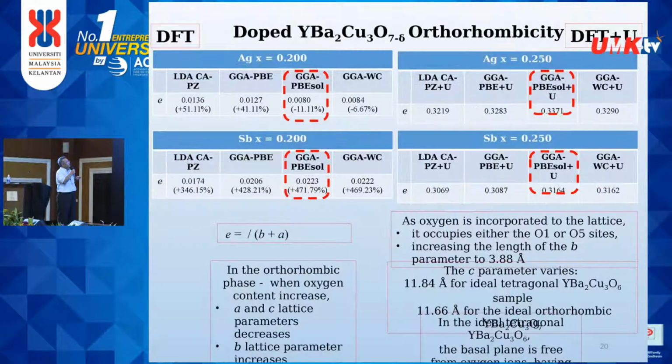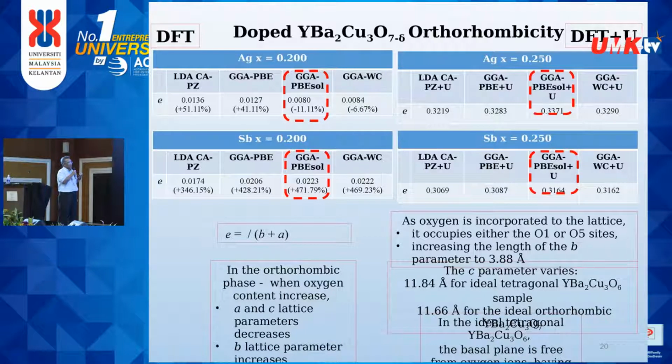Okay, this is the orthorhombicity, right? Using DFT for 0.2 and DFT plus U for 0.25. So in the orthorhombic phase, when oxygen content increases, A and C lattice parameters decrease, and B lattice parameter increases. As oxygen is incorporated to the lattice, it occupies either the O1 or O5 sites, increasing the length of the B parameter to 3.88 angstrom.